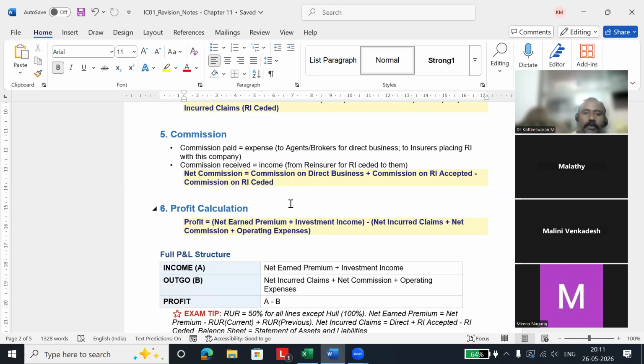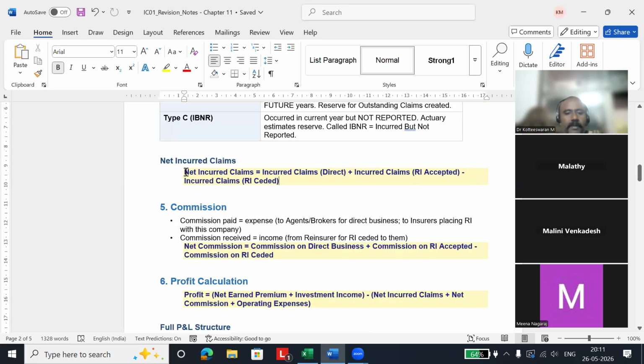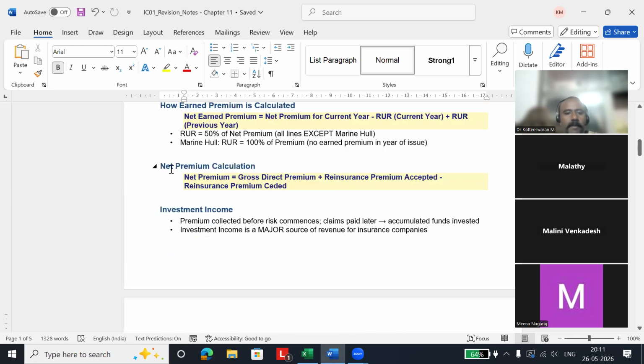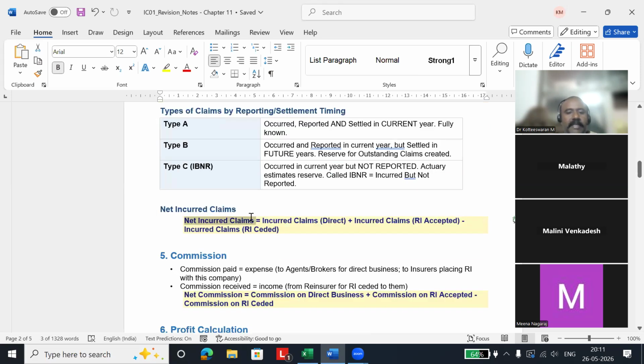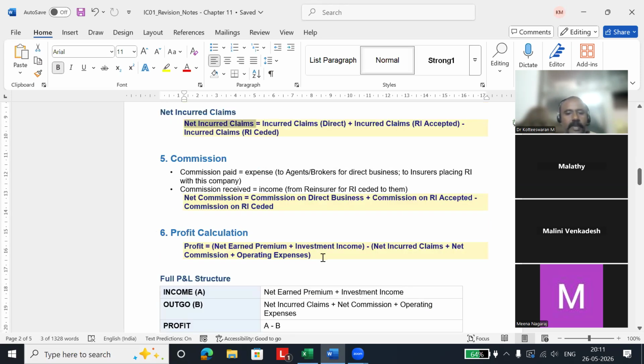So we have seen how to calculate profit, how to calculate investment income, how to calculate claims. Finally, how are we going to calculate profit? Profit is simple. Net premium minus net incurred claims. Okay, plus anything from the investment.